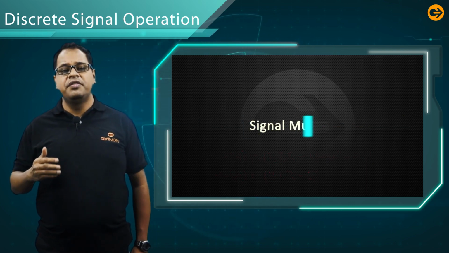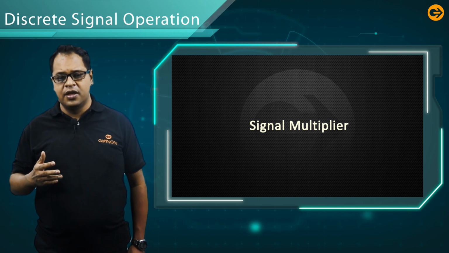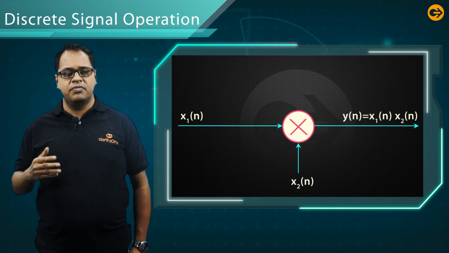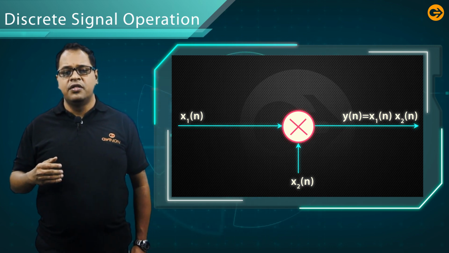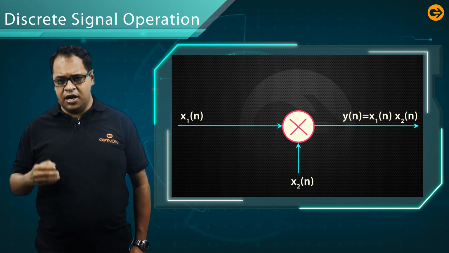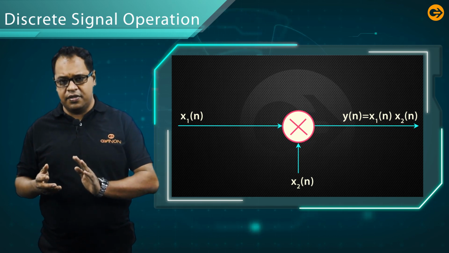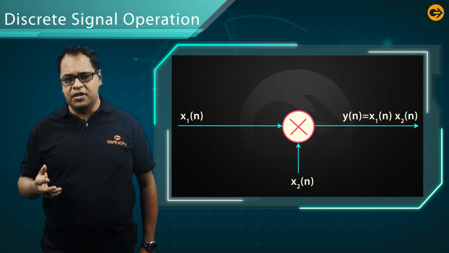Now let us discuss signal multiplier. In this case, the multiplication of the two signal sequences is done to form another sequence. Let us take one example.